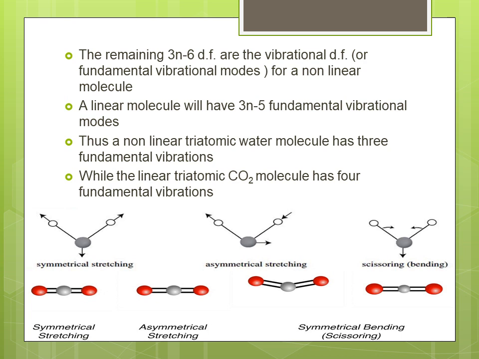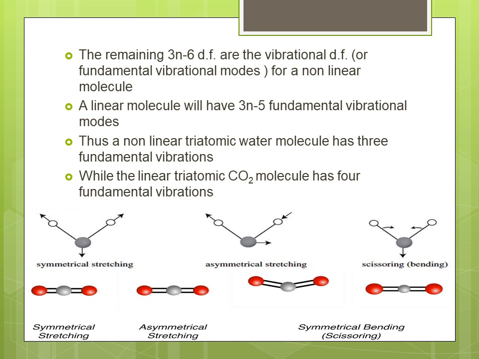This 3n minus 6 gives us the vibrational degrees of freedom, while for a linear molecule, 3n minus 5 gives us the total vibrational degrees of freedom in that molecule.